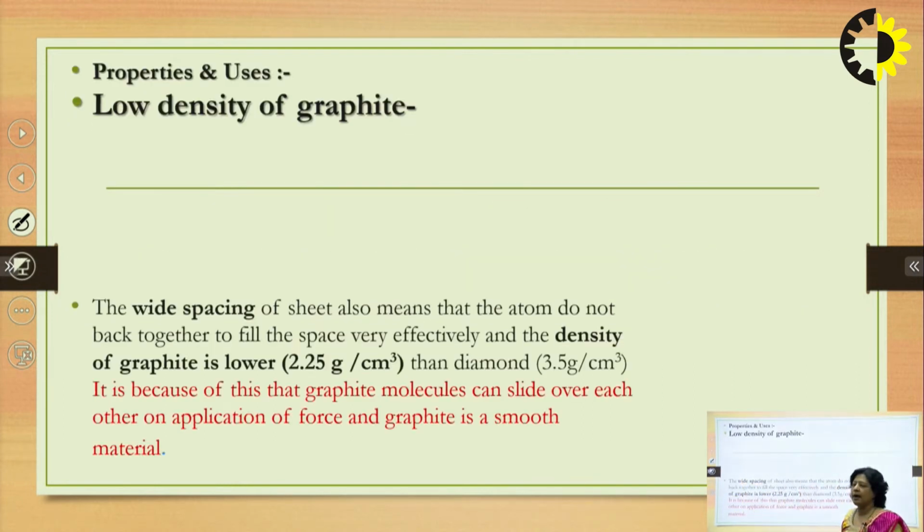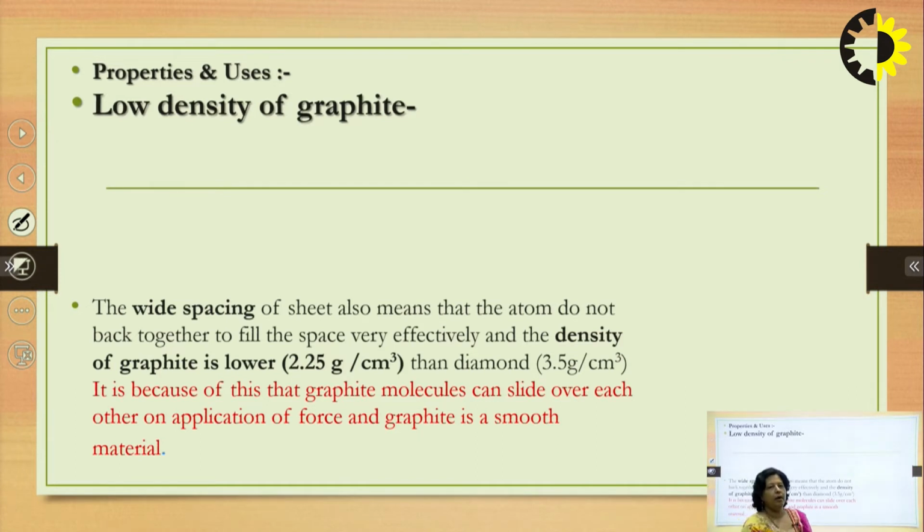Now the second property, that is the low density of graphite. When we are talking about the density of graphite, we have already discussed the wide spacing, which is very important.